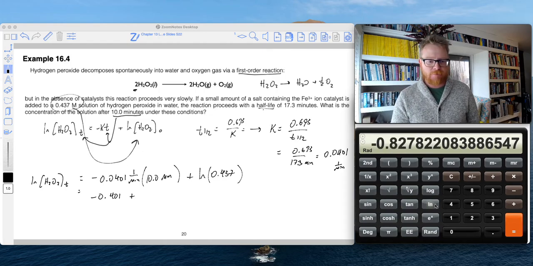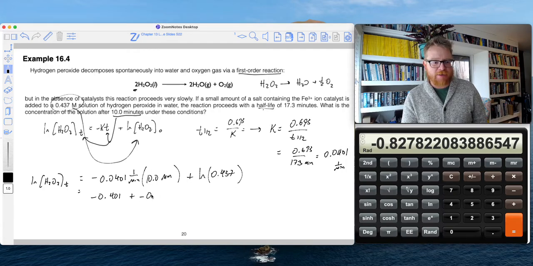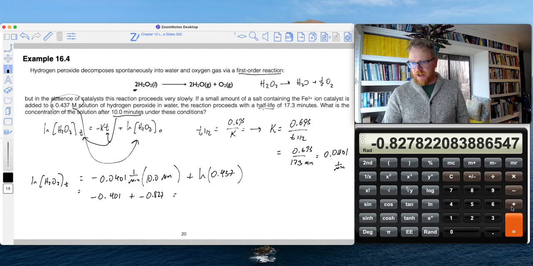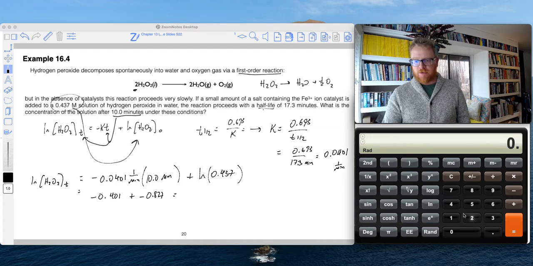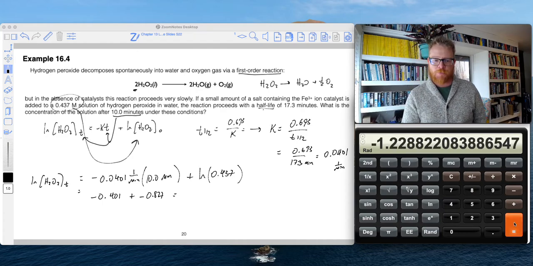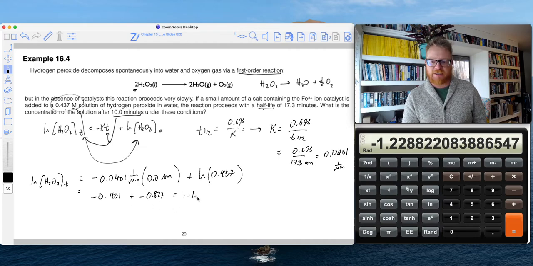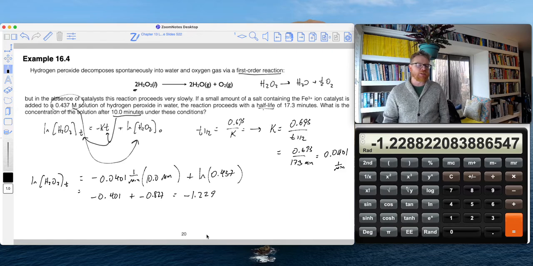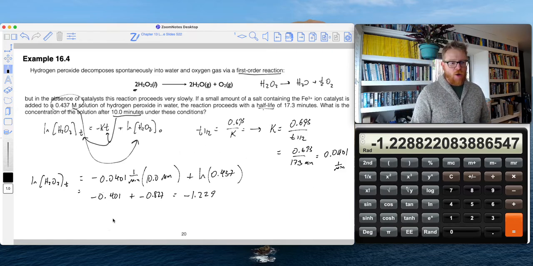So I'll push that button, and now I get negative 0.827. And if I finish adding those two numbers together, I'll say plus 0.401 negative, and I should get like 1.2 something. There we go. So that's now negative 1.229, because we added, it's 3 decimals, and that's unitless.